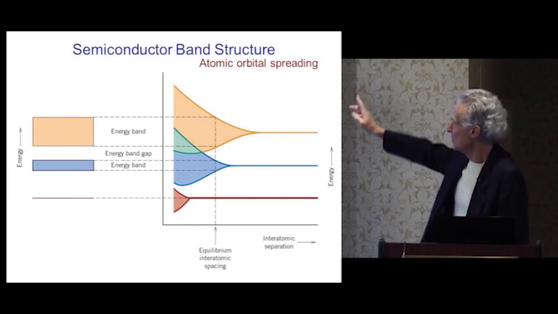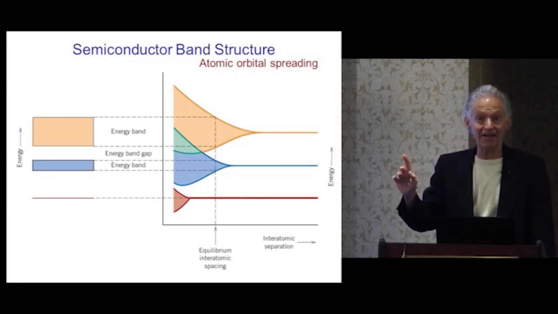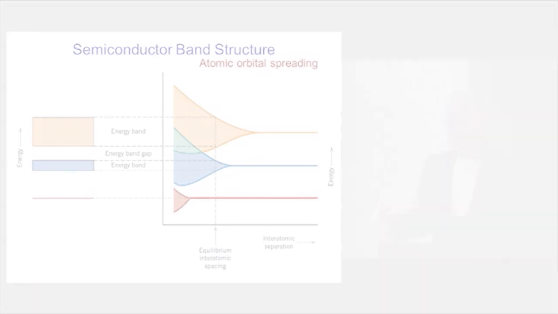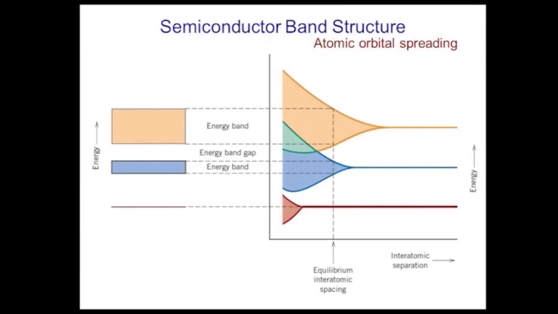Then I learned another thing in solid-state physics. And this is a complicated diagram, so bear with me. Let's just start on the right-hand side. So this shows energy, and it's an atom. And we know that an atom has electronic orbitals, the red line, the blue line, the orange line. And these orbital energies for the electron are discrete. Now, take the atoms and start smushing them together.